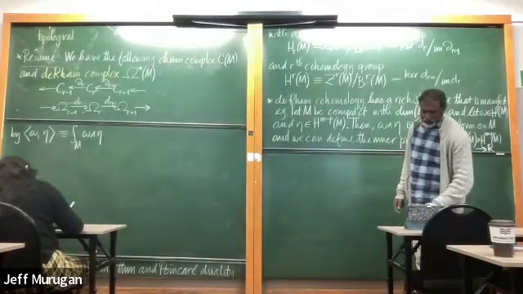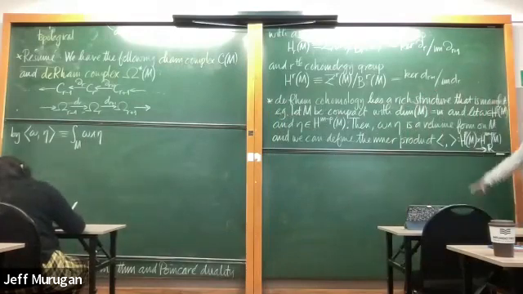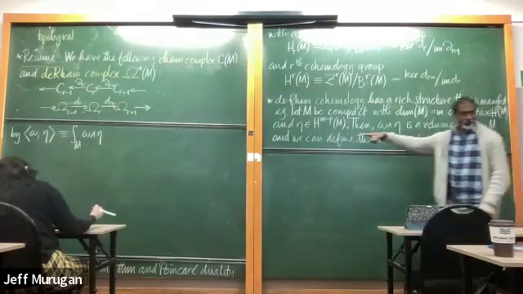This inner product has the property that it is bilinear and non-singular, which means that the inner product only vanishes when both eta and omega are vanishing.